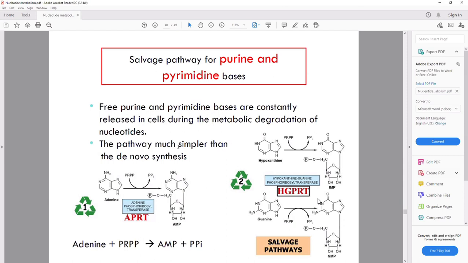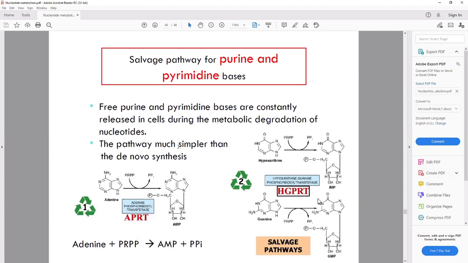You can see that we have both de novo and this salvage pathway. You can see how important these two pathways are, because both purine and pyrimidine build up our DNA and RNA.